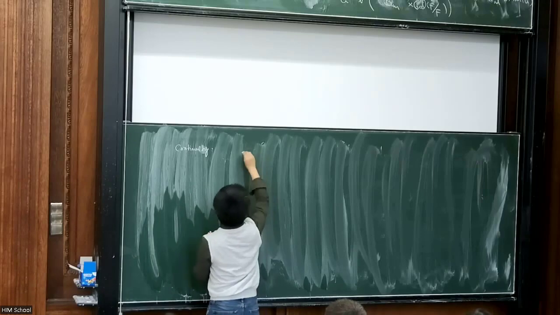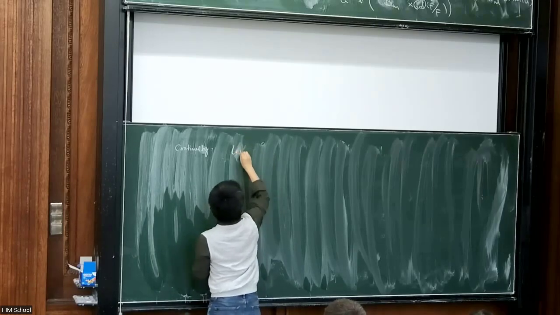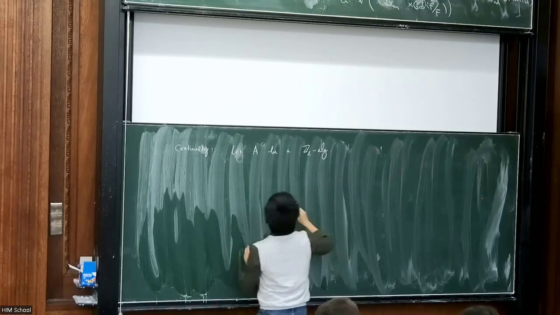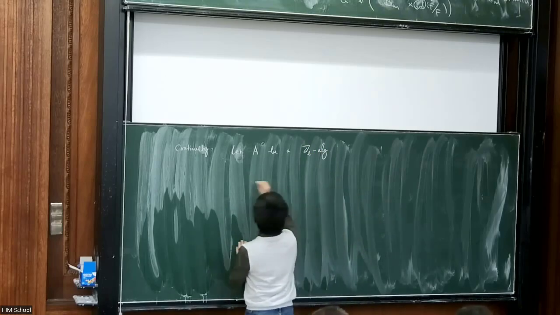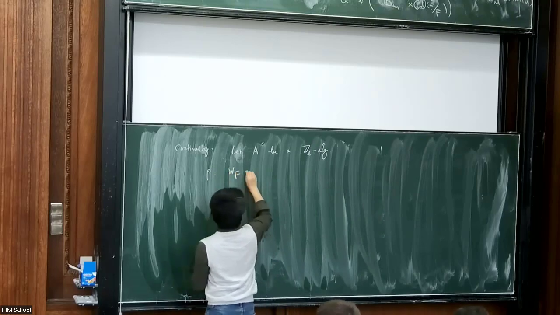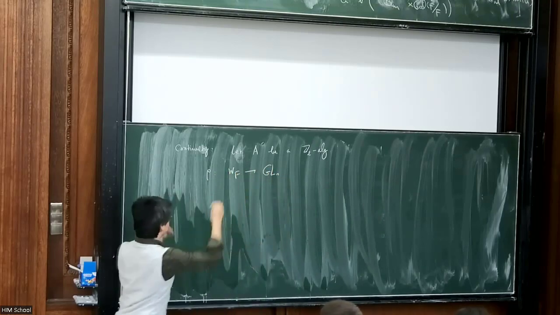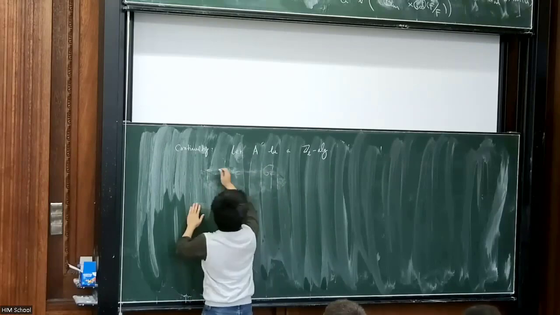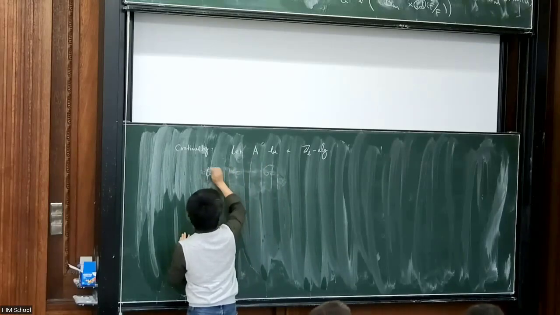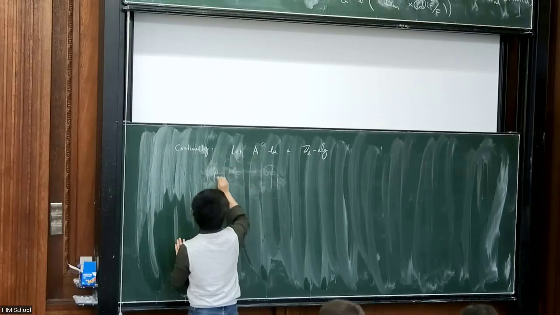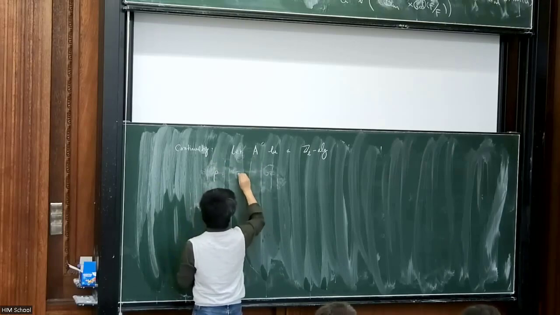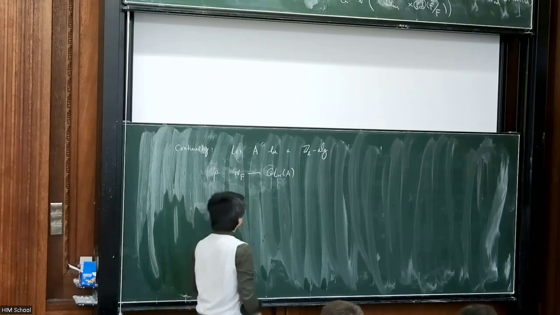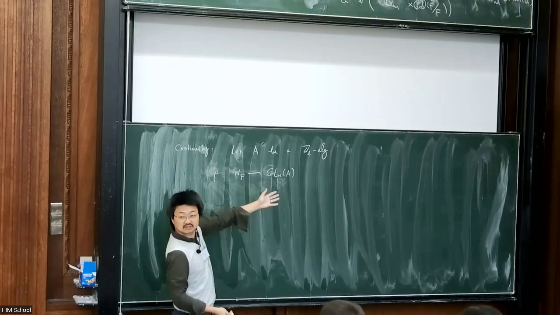We can embed G-hat into GL_n, so I just need to specify what continuous means.